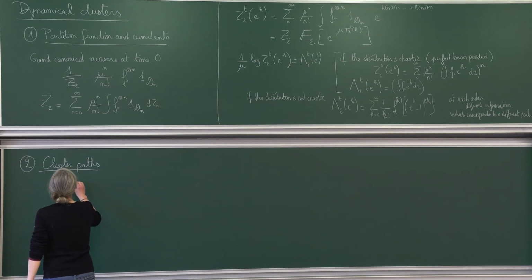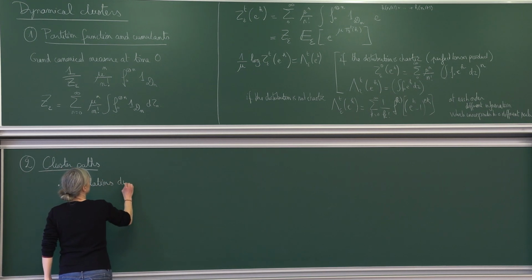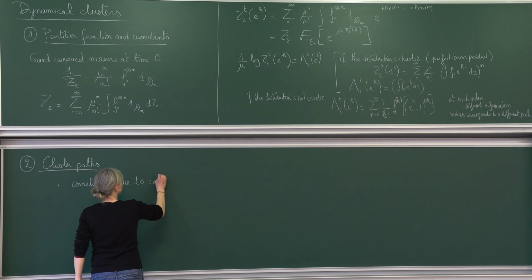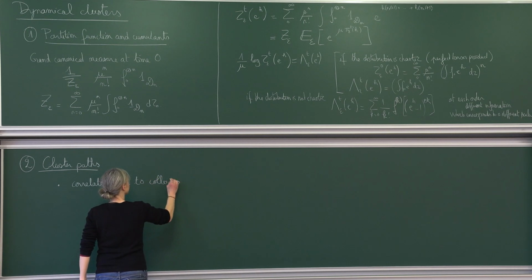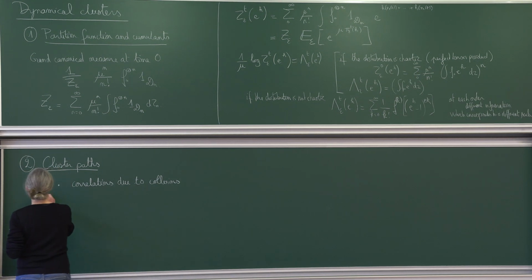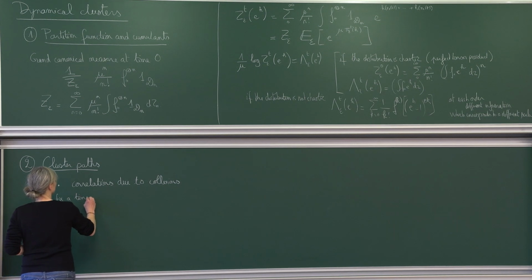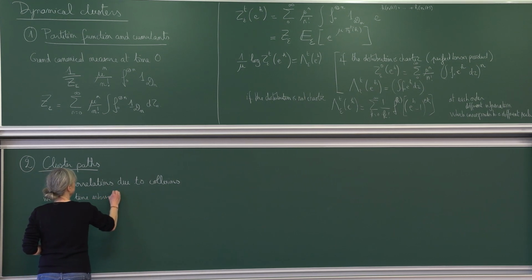So we will first look at the correlations due to collisions, and then we will define a cluster path. We will fix a time interval 0, t.